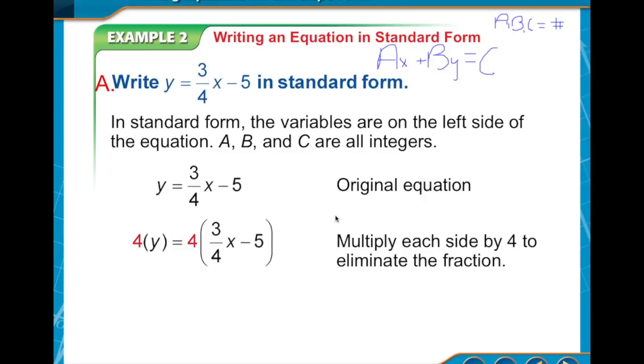So multiply everything by that 4. We get 4y on the left. On the right, these 4's will cancel out. We'll get just 3x here. And then 4 times a negative 5 gives us a negative 20. So we get all of these here. Now we know for standard form we need x and y on the same side. So we need to shuffle some things around here.